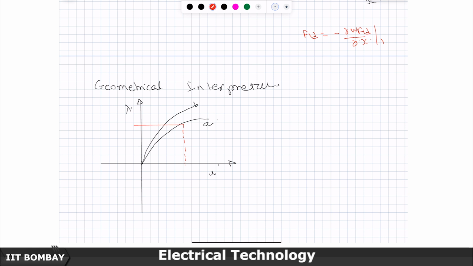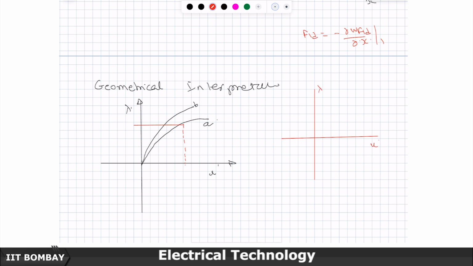So, lambda is constant. That means I am on this red dark straight line, and now I think we discussed this earlier, but let me again do this.